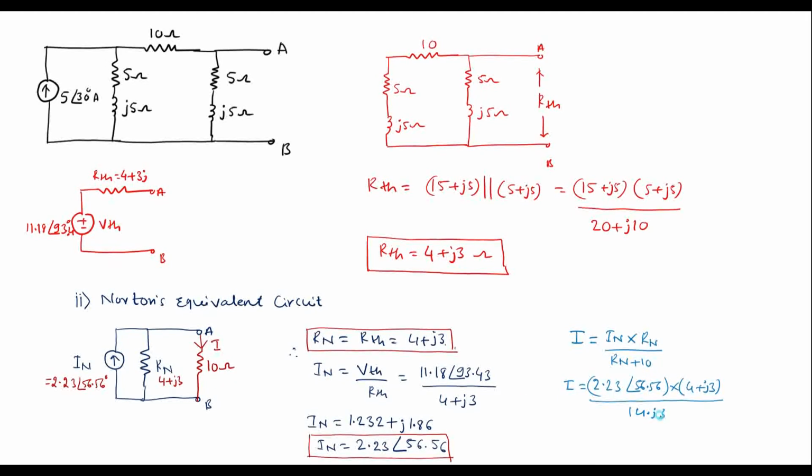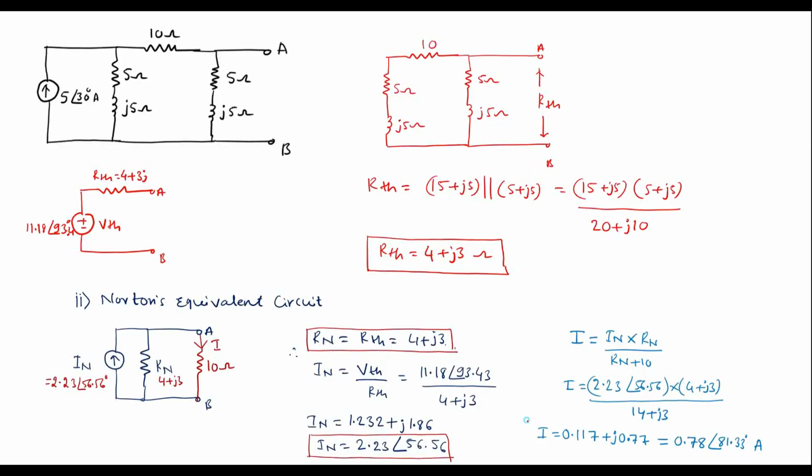Therefore, simplifying this, I is equal to 0.117 plus J0.77, or I can write it in polar form as 0.78 at an angle of 81.33 degree amps.